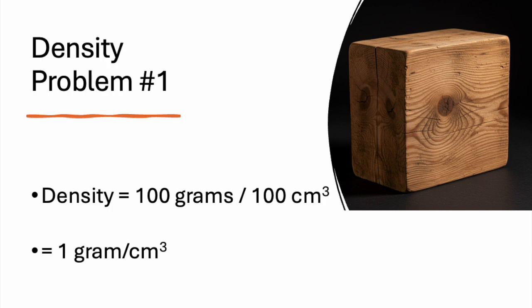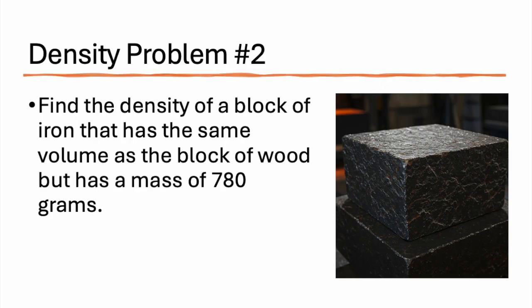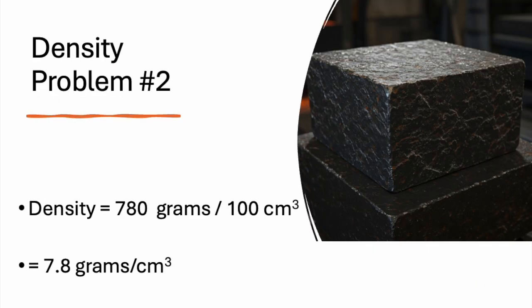Now, let's compare the density of the block of wood to the density of a block of iron with the same volume. If the iron block has a mass of 780 grams, its density would be 780 grams divided by 100 cubic centimeters, which equals 7.8 grams per cubic centimeter.